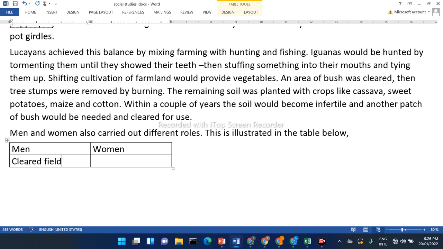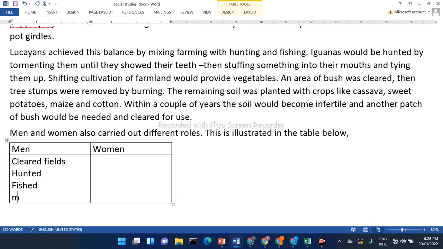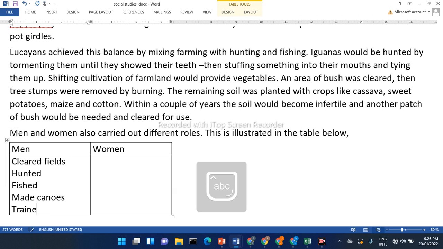Right, this is what men did. They cleared fields, they hunted, they fished, they made canoes, and they trained the boys.